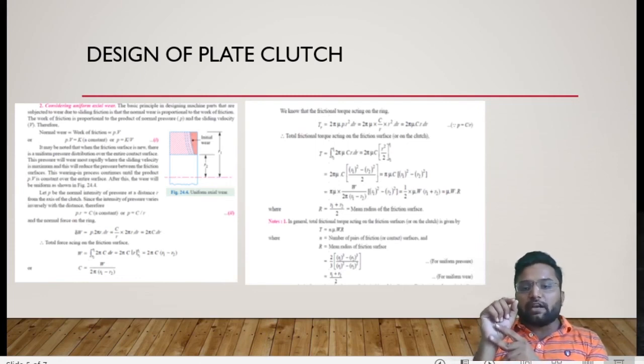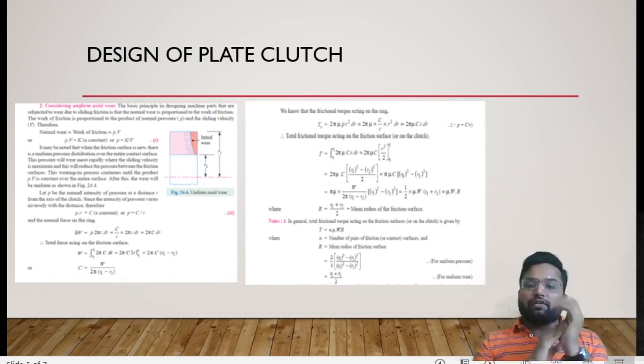Now let's put the value of C in this equation. So ultimately we will find 1 by 2 mu W into R1 plus R2. And by comparing this equation with the classical torque equation, which is mu W R, we can find effective radius as R1 plus R2 divided by 2.